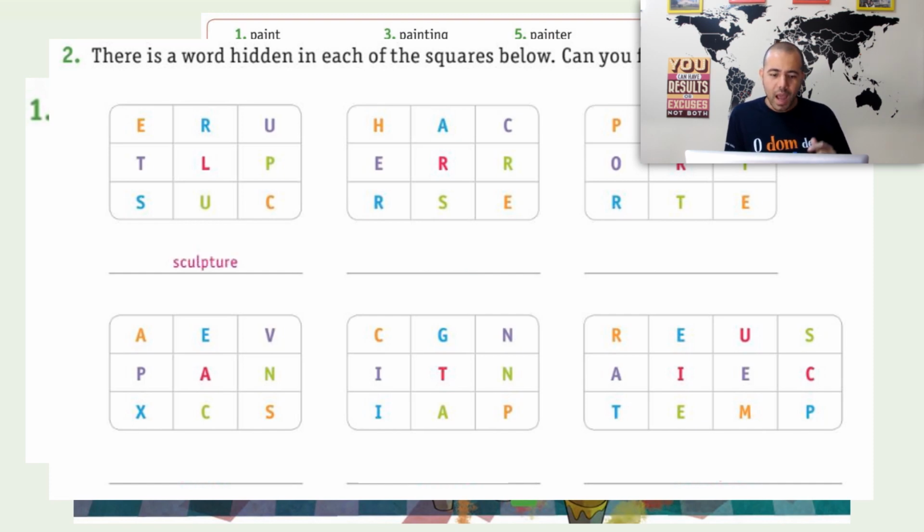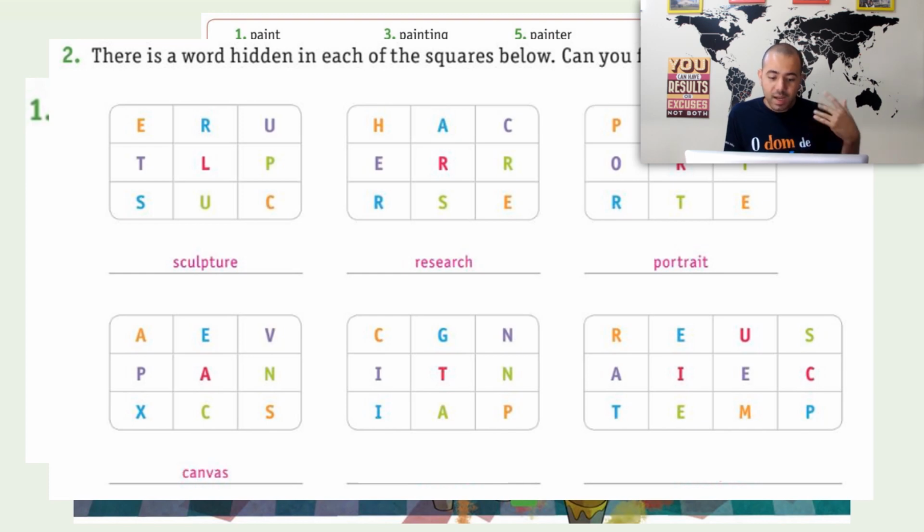Next one, HERASCRE. What's the word that we have here? Is it research? Research. PORARTITE. Maybe portrait? Portrait. APXEACVNS. Canvas?